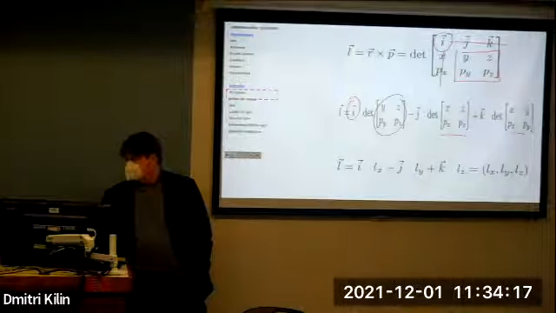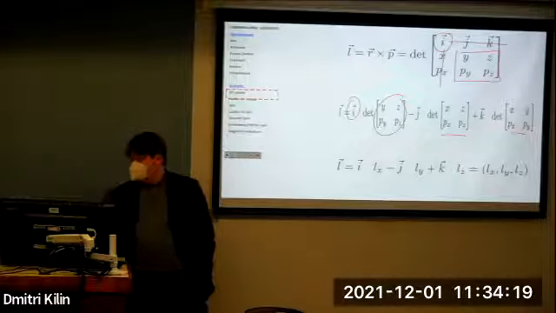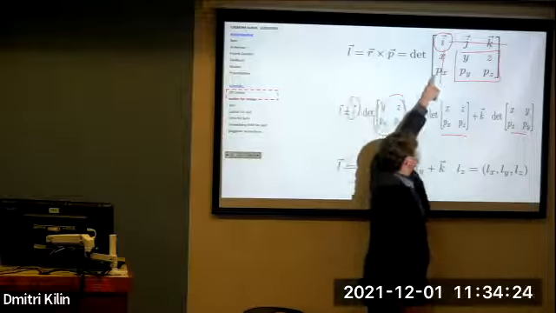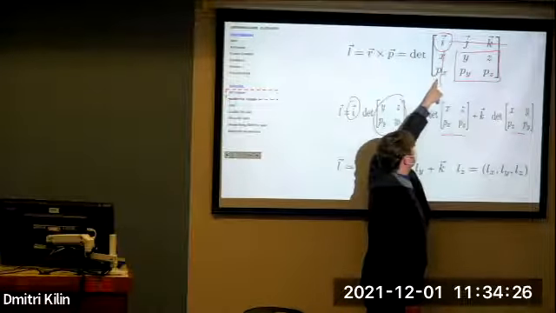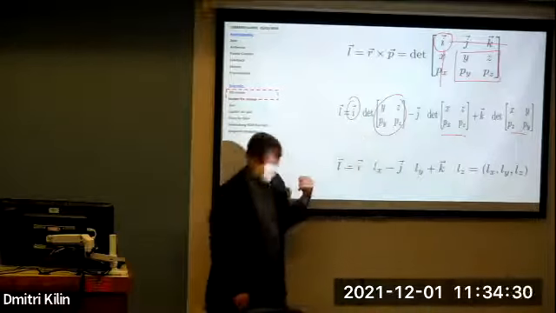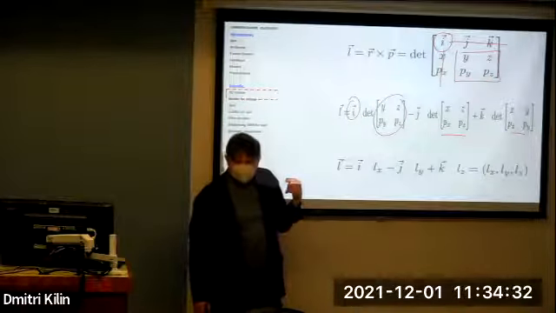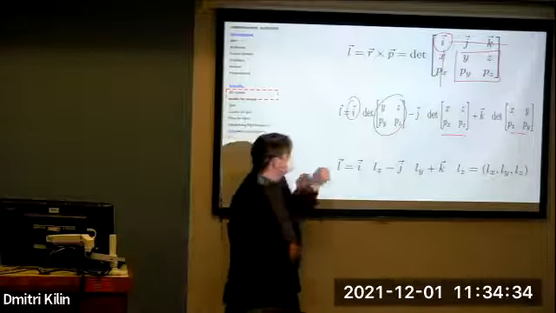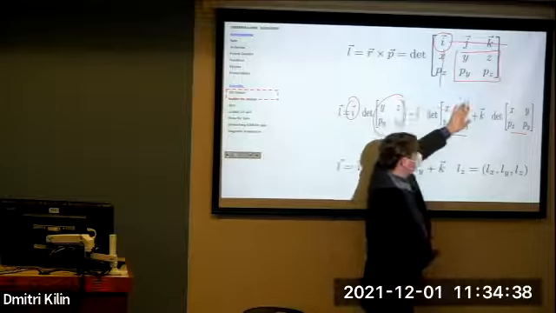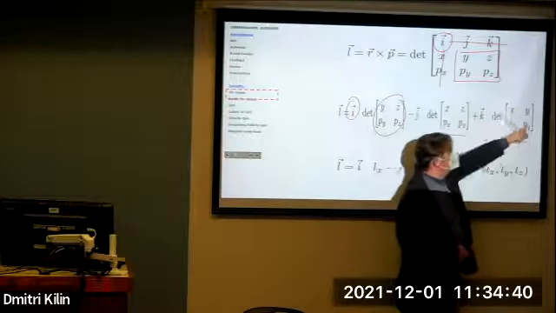So if we practice the cross product definition, it looks this way when we take the determinant. And if you know for sure that there is rotation only in the X and Y plane, the first 2 components of the vector will be 0, and the last one will be non-zero.